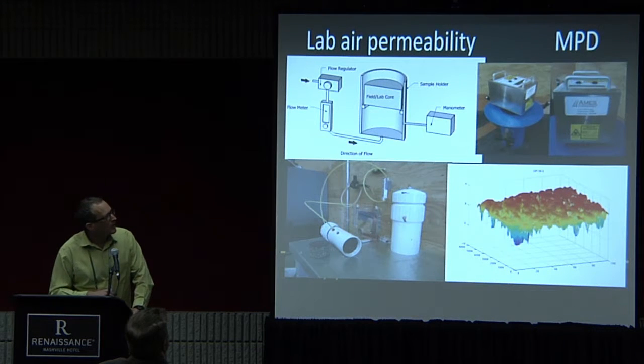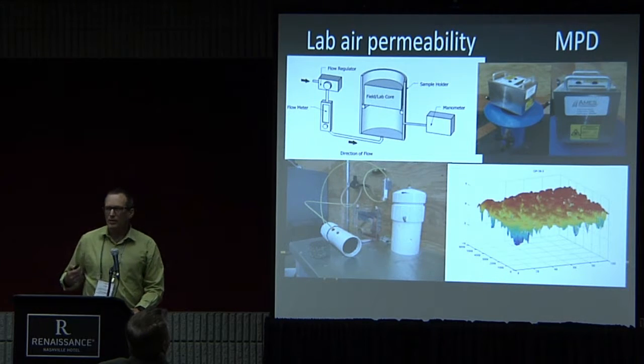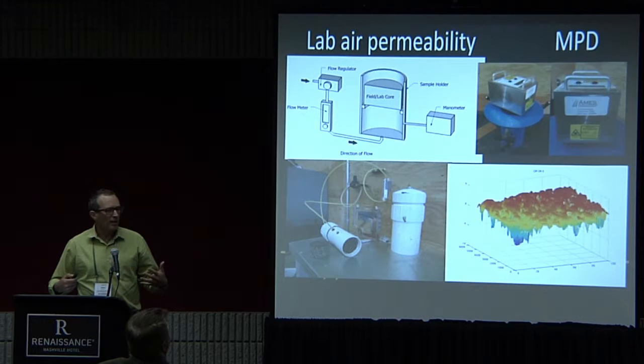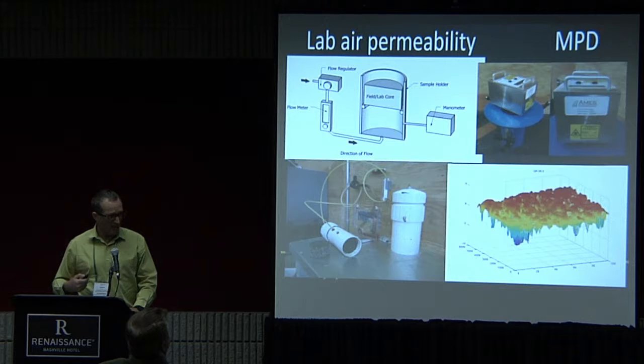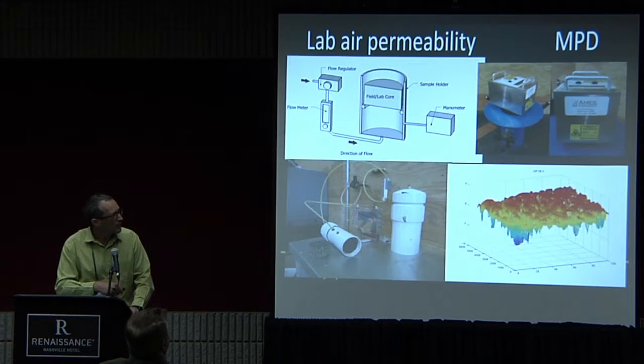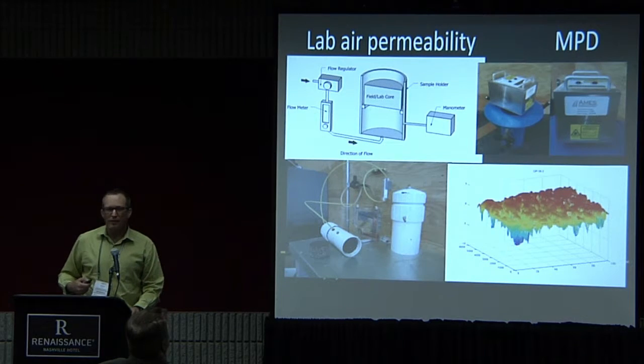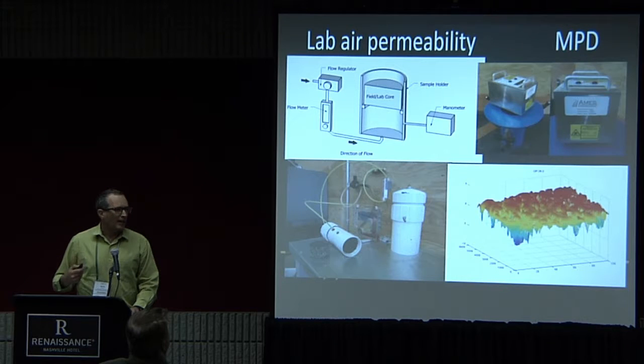So basically what we're doing is we're focusing on those two mechanisms in the laboratory. One is that we know that MPD is highly correlated with the low frequency. So we're looking at what's a way to measure MPD in the laboratory on an open graded mix. If we can do that, we can go after the low frequency noise. And this is a device. We actually went back to work by Larry Santucci from Chevron in the 1960s, looking at quality control using air permeability instead of nuclear density gauges.